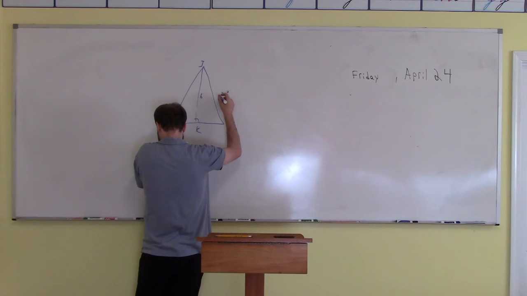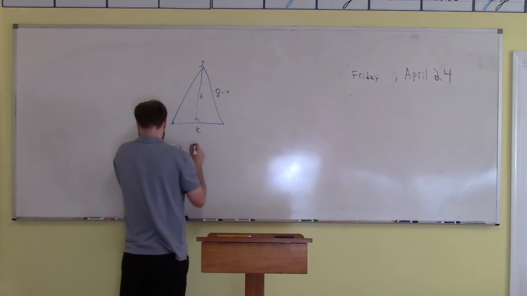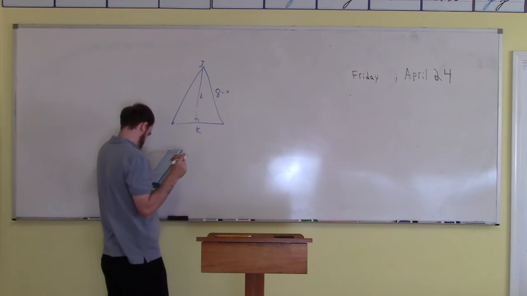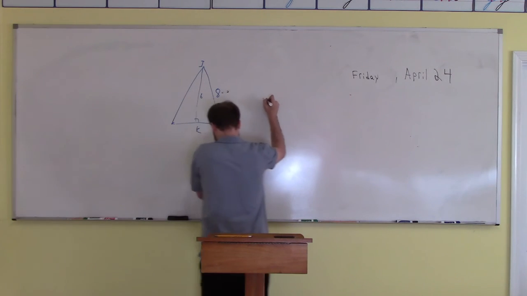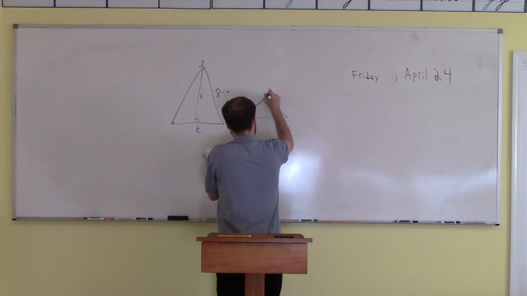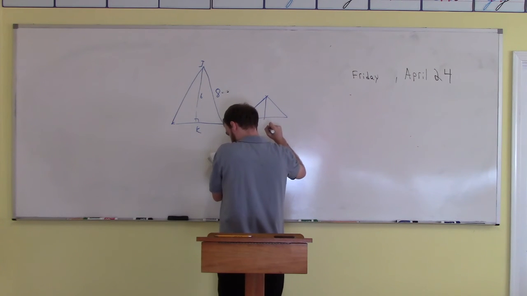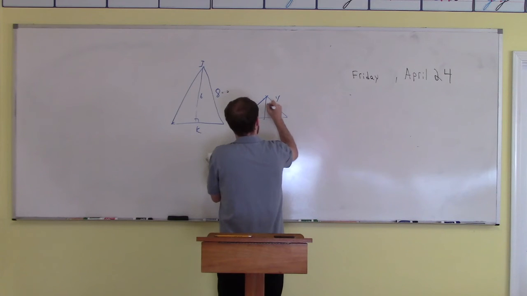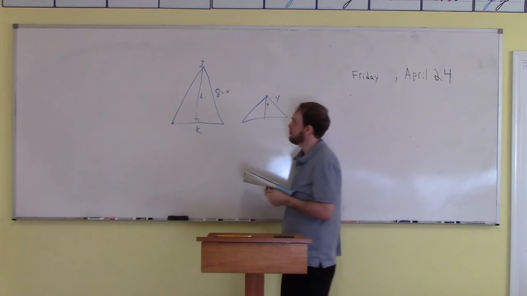JI was 8. And they give us this, and they tell us that QP was 4. And they want to know what QR is.